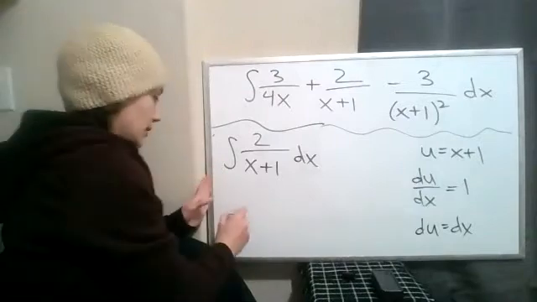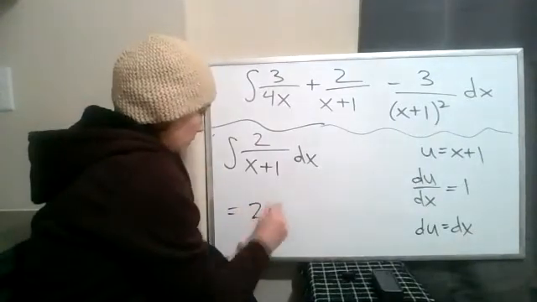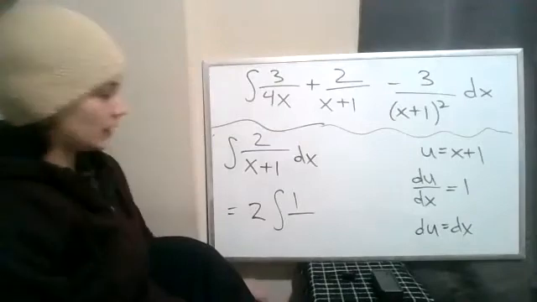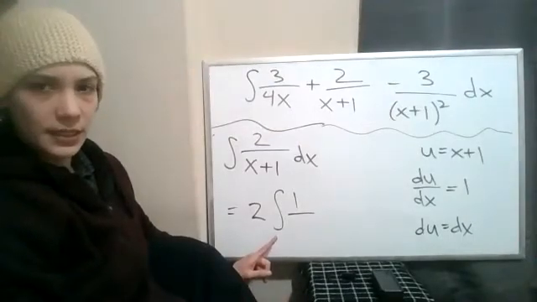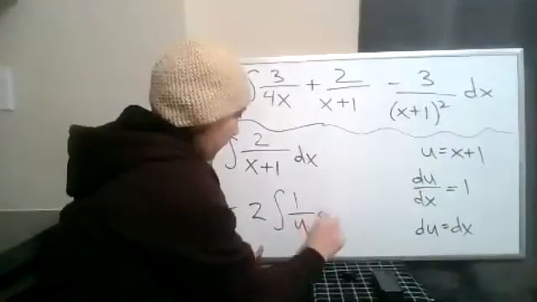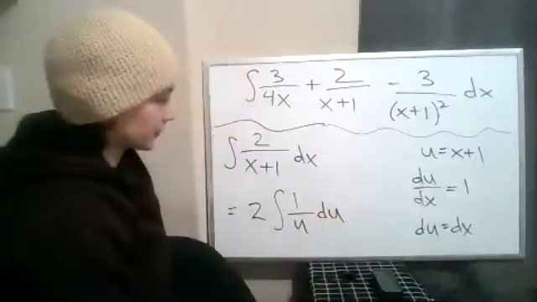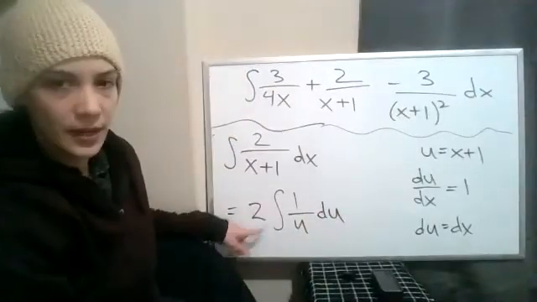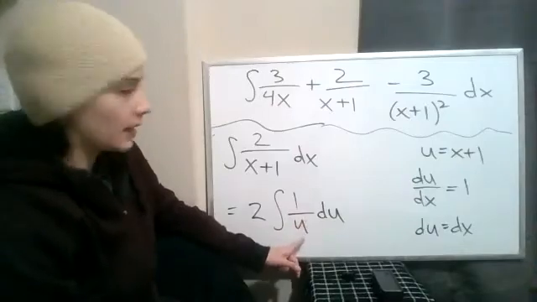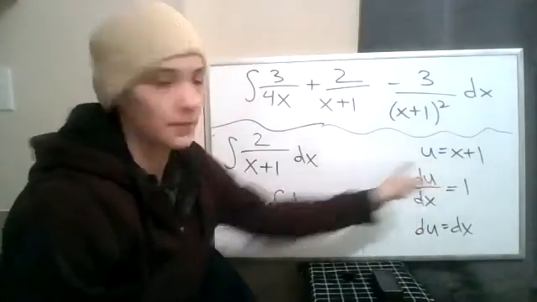All right, the integral is 2 times 1 over u du. So 2 times ln absolute value of u, and we'll write down what u is.